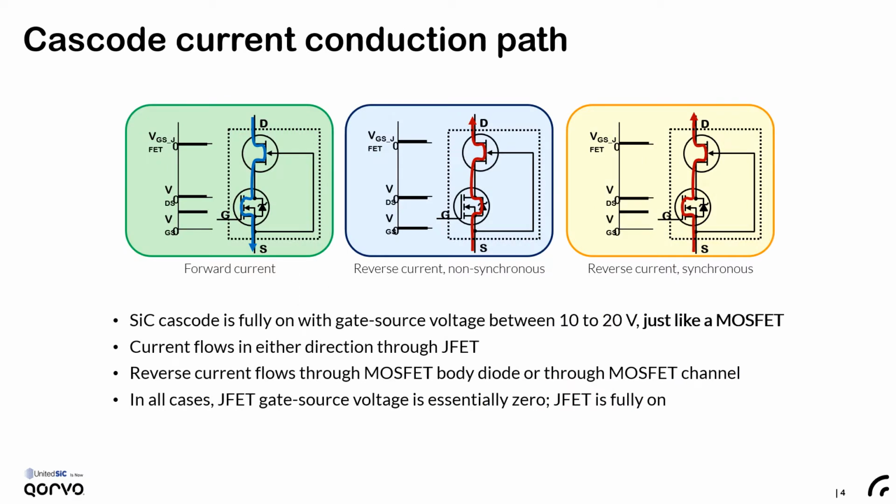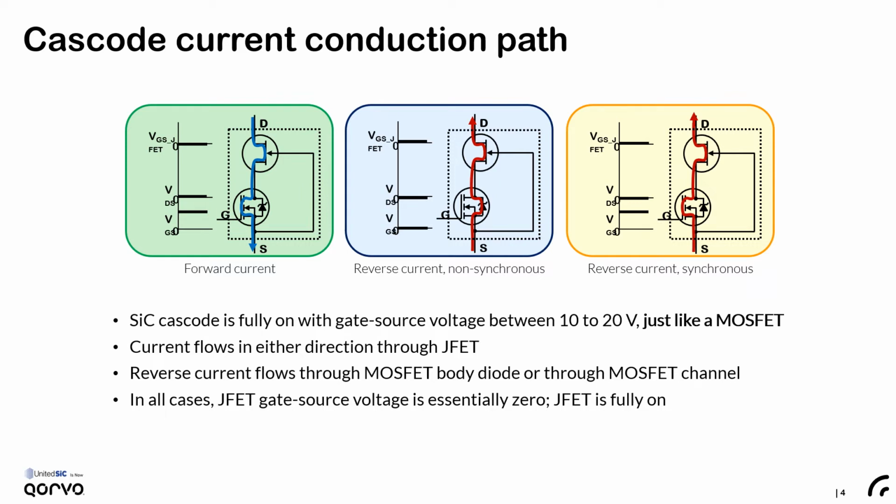Here we illustrate how current flows in the cascode for forward and reverse conduction. The left chart shows forward conduction where current flows in both JFET and MOSFET channel. The middle chart shows reverse conduction without synchronous rectification. Current flows in the low-voltage MOSFET body diode and JFET channel. The right chart shows reverse conduction with synchronous rectification.